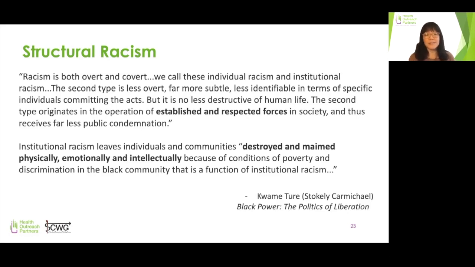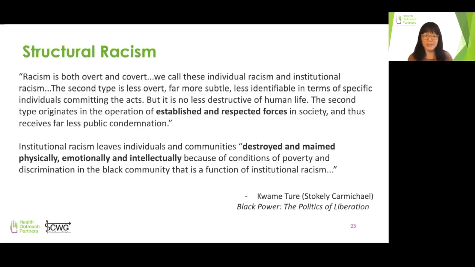So here, this is a quote from Kwame Ture, or many folks know him as Stokely Carmichael, who was a very prominent civil rights activist. He's comparing what we call the individual, and then here he calls it institutional, but we feel that is analogous to structural, the comparison of those two.